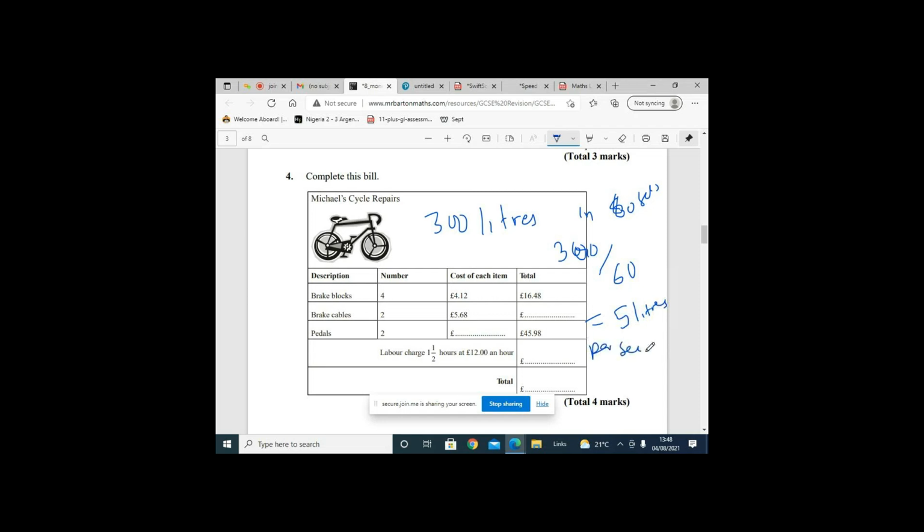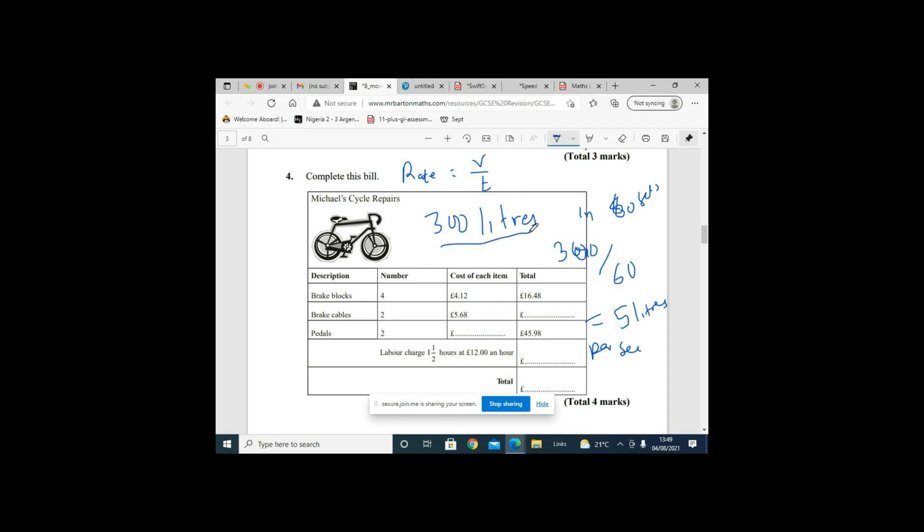So we have the formula. If you find the rate of flow, the rate of flow equals volume divided by time. So we did volume divided by time.